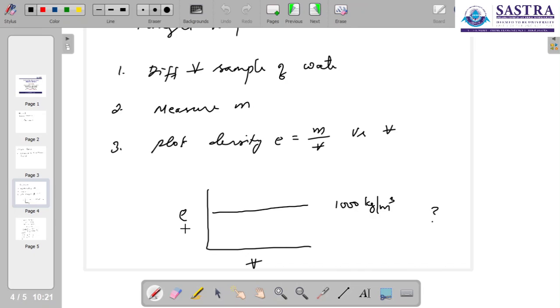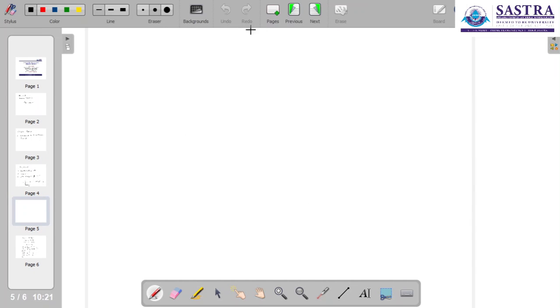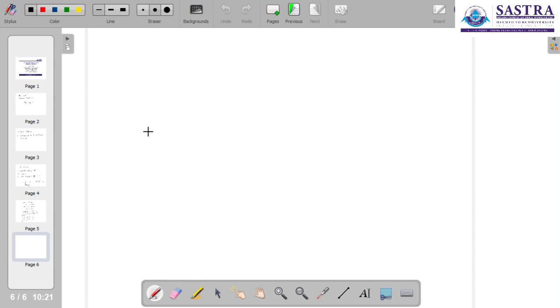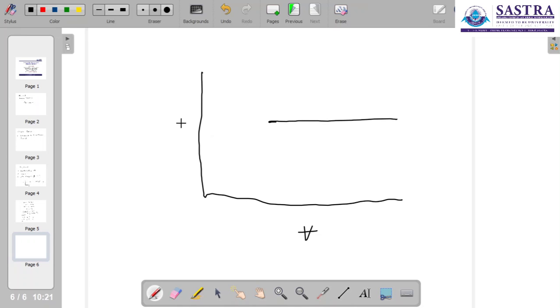Now if you do this experiment in reality and observe, what we see is actually that as long as the volume of sample is fairly large, this density is going to remain constant.